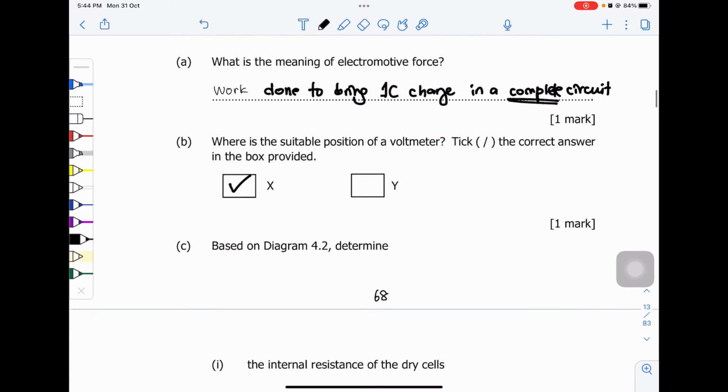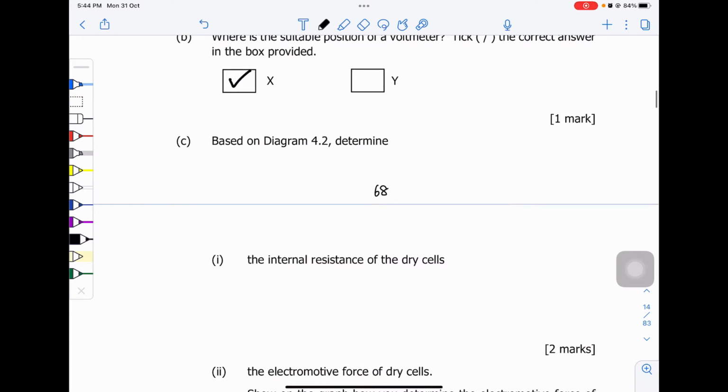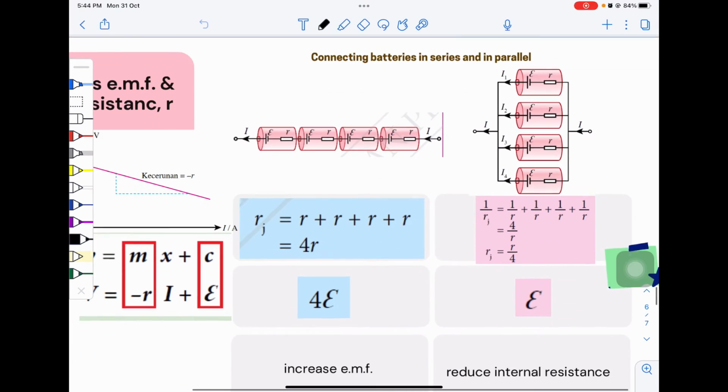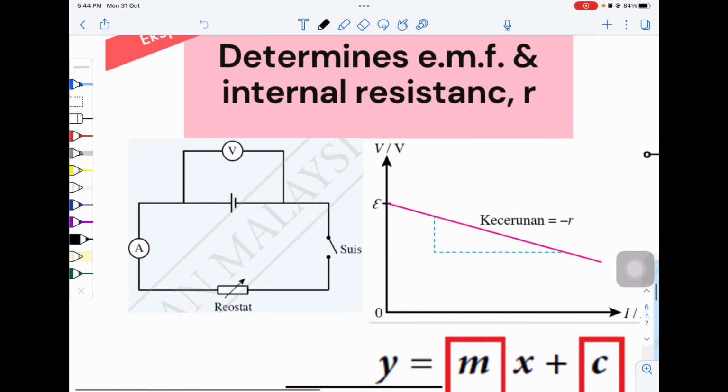Based on diagram 4.2, now we are talking about the graph. Determine the internal resistance of the dry cell. So when you carry out the experiment, this is the result. This is the graph. From the graph, you will have a maximum voltage.